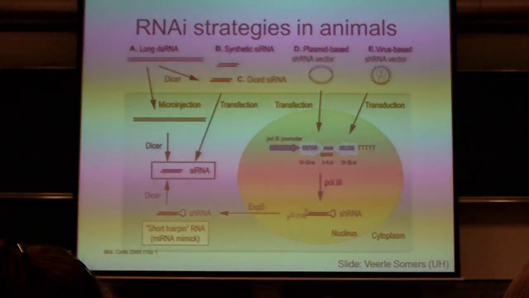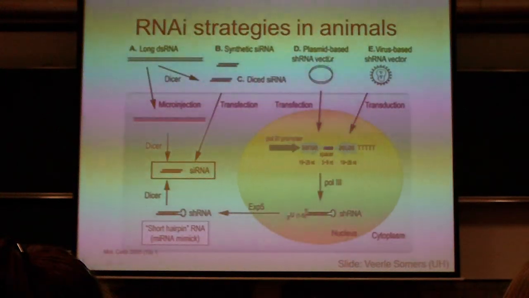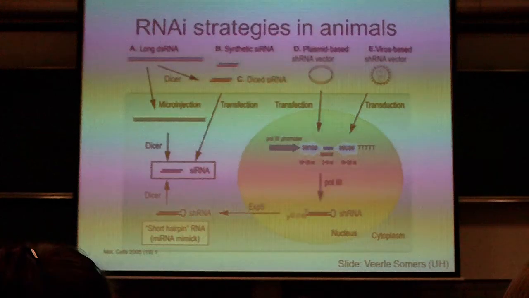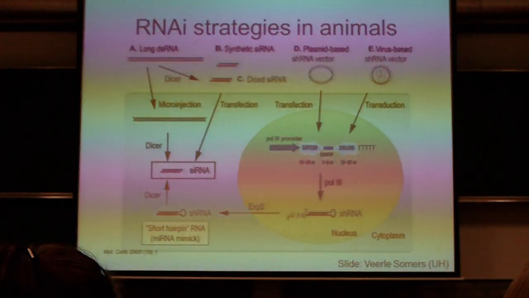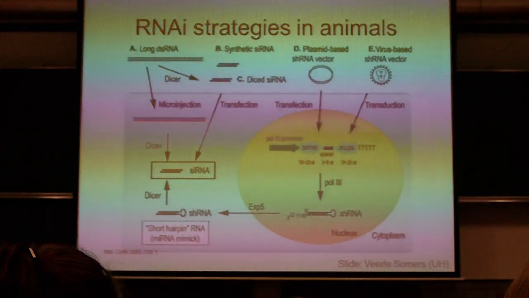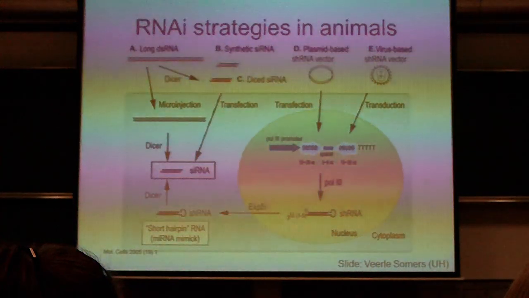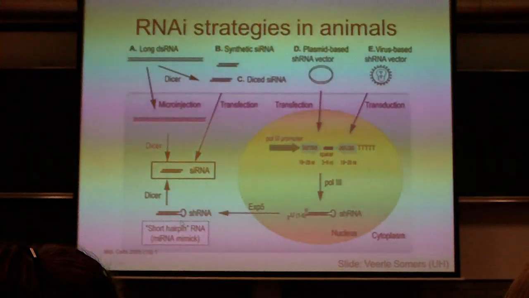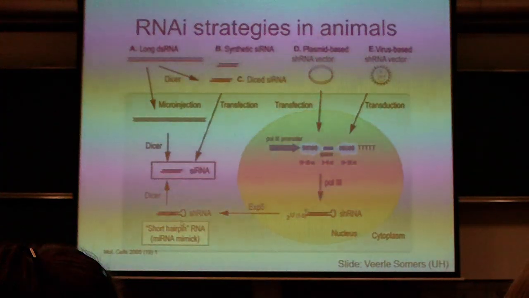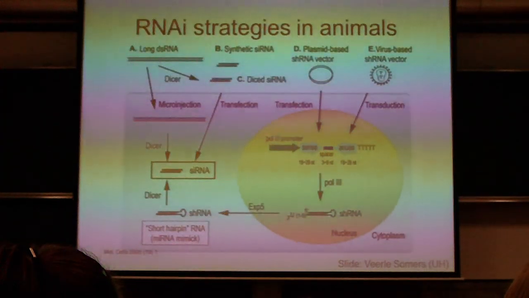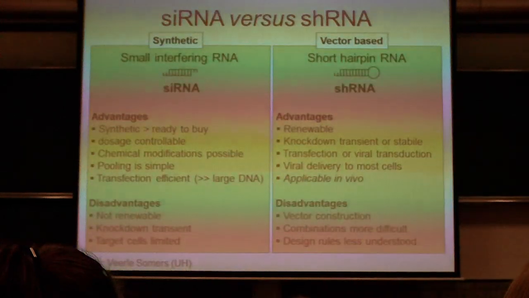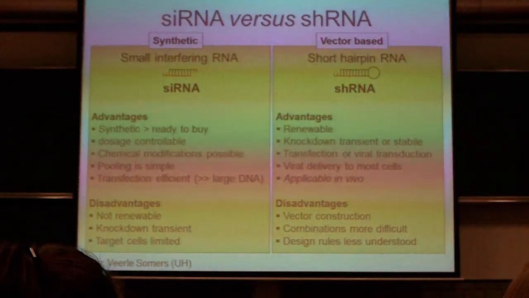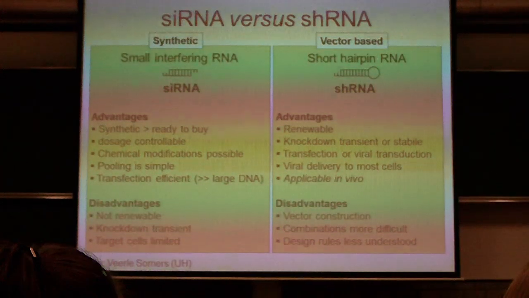Inside the cell, if you use the latter two approaches here, the product needs to be produced, so it needs to go to the nucleus, short hairpin RNA is formed, and by exportin 5 is introduced into the RISC complex. And eventually it follows the whole Dicer machinery. So siRNA versus short hairpin RNA.